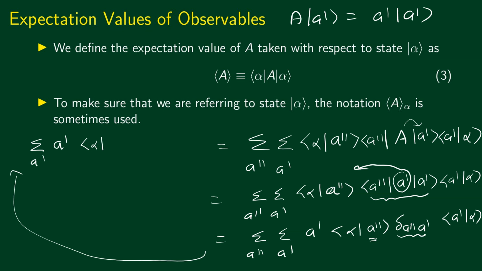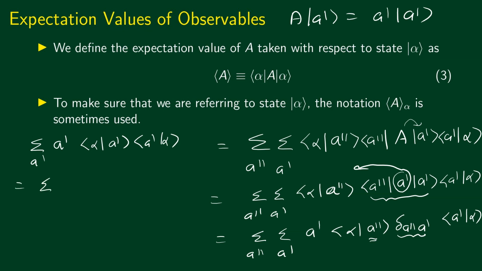In that summation there will be one term corresponding to A double prime equal to A prime, and that's the only non-zero term. Then delta is 1, and I have got this bra A prime ket alpha.